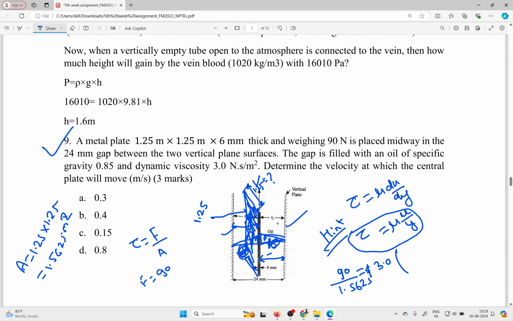That is T1, and T2 is also given. So you need to calculate U, and T1 is given how much?